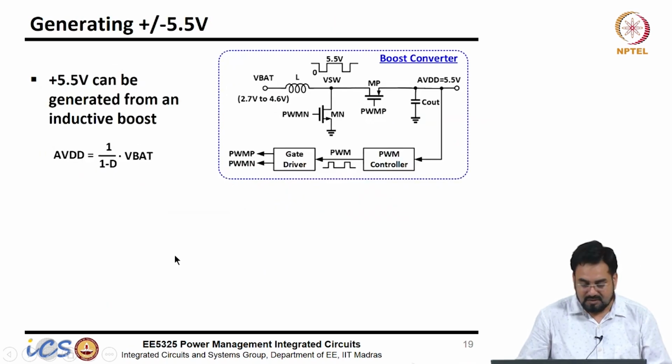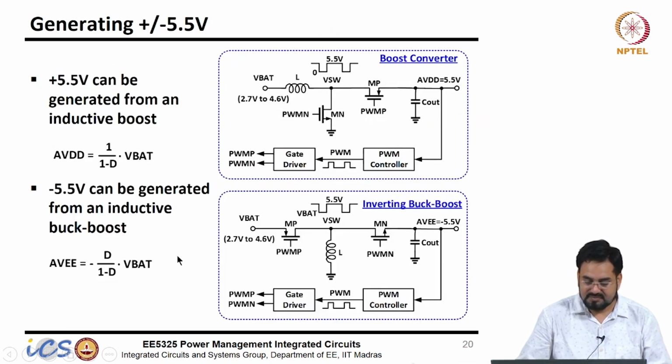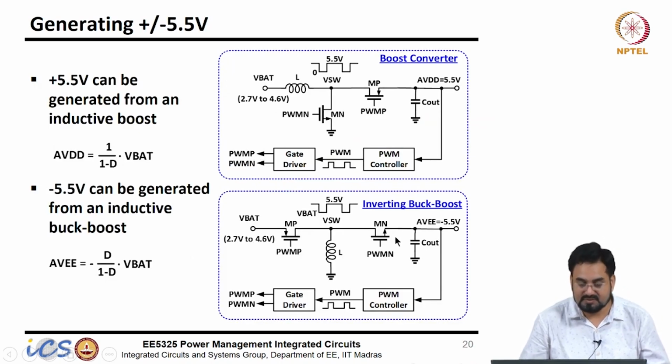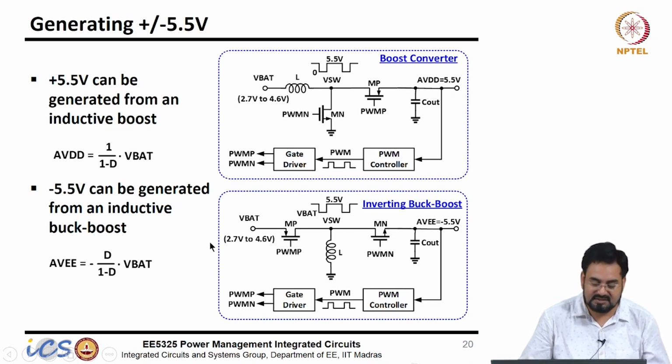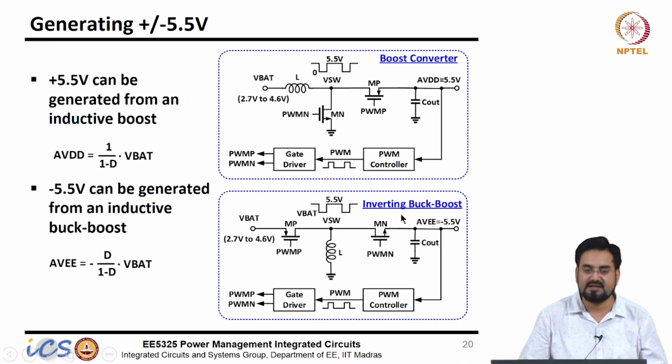Another possibility is that we can use an inductive buck boost to generate the negative voltage. This is a bit expensive obviously, because it requires one inductor. The output voltage now will be minus D over 1 minus D, and your inductor is connected to ground. If you apply volt-second balance, you will get this expression. It's nothing but an inductive buck boost.